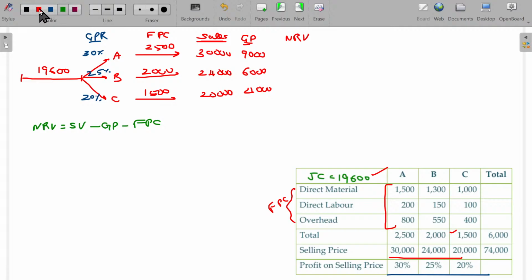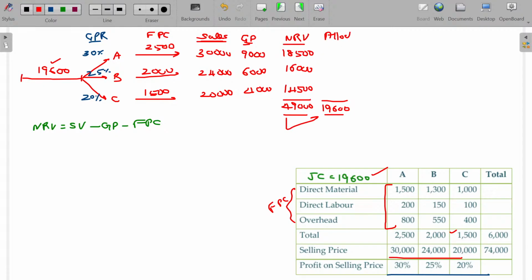First case 18,500. 30 minus 9 minus 2,500, 18,500. 16,000 next. 14,500. Now, what is the total of NRV? 49,000. This joint cost 19,600 should be distributed using this ratio.